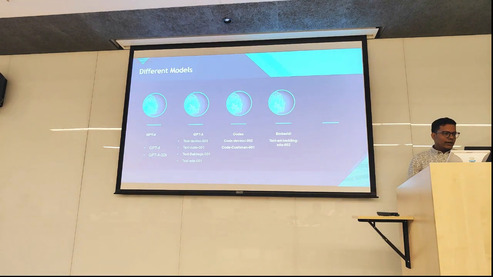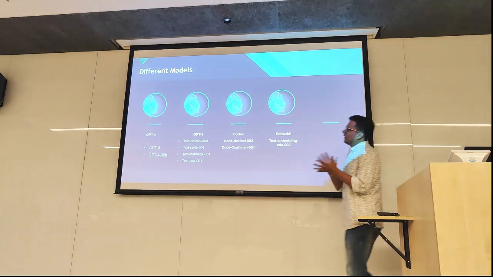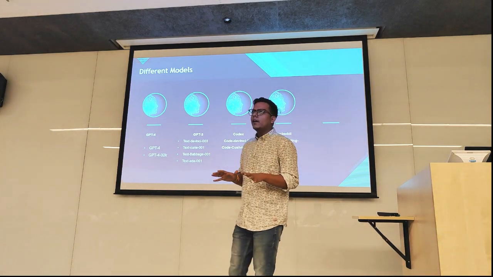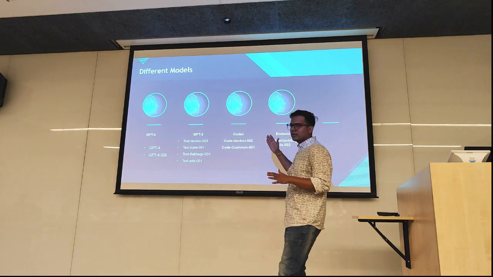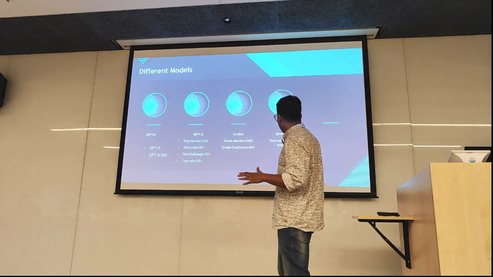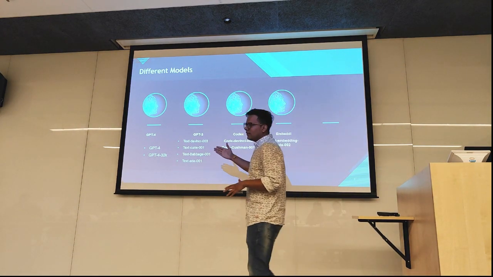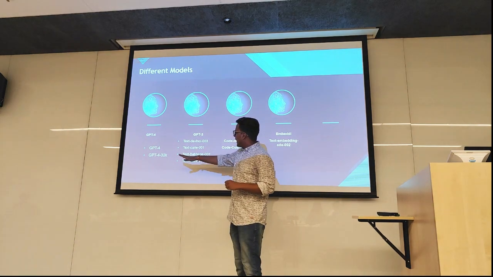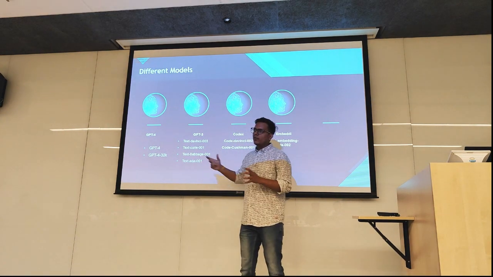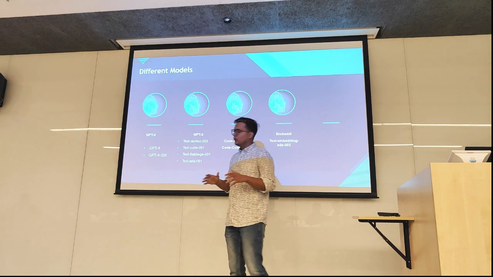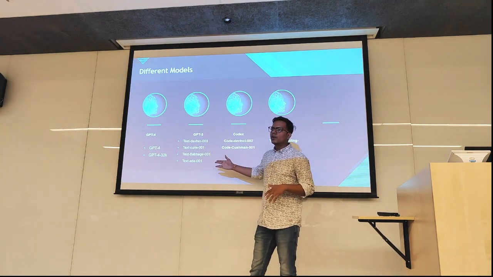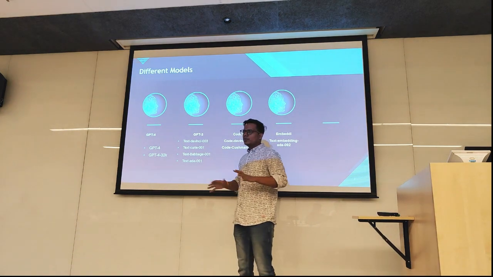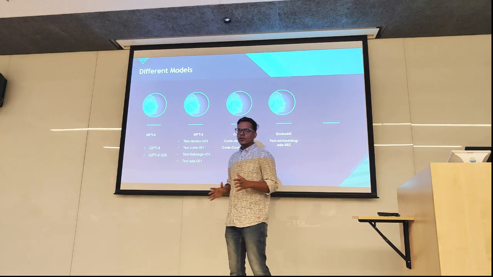Now going ahead, I just wanted to show the models that we have currently. We already saw the GPT-3 and GPT-4 models, but there are some Codex models as well, and there are embedding models as well. Currently GPT-4 is quite new, and with GPT-4 there is a 32K version as well, which accepts up to 32K tokens. We have GPT-3, in which there are 4 models. DaVinci is the most famous one that we are currently using.